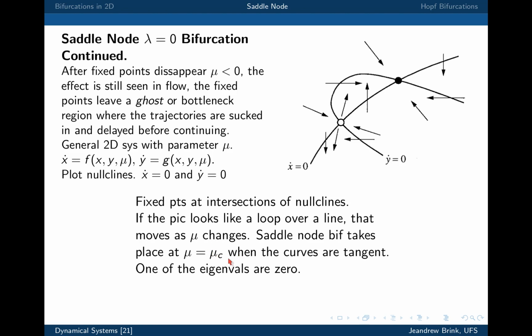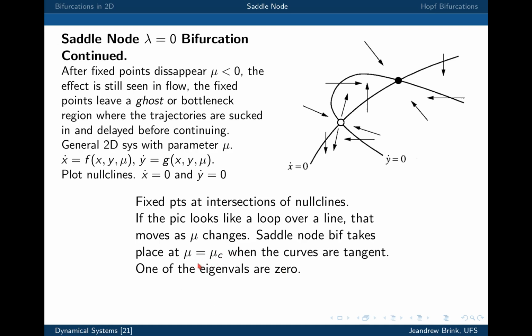Okay. Another way of checking, and this is something I actually do, is when one of the eigenvalues is 0. So remember in the previous example, we had one eigenvalue dependent on the parameter. And the bifurcation took place when one of them went through 0, and that is true of this example too. Okay, so there's two ways of calculating mu c.